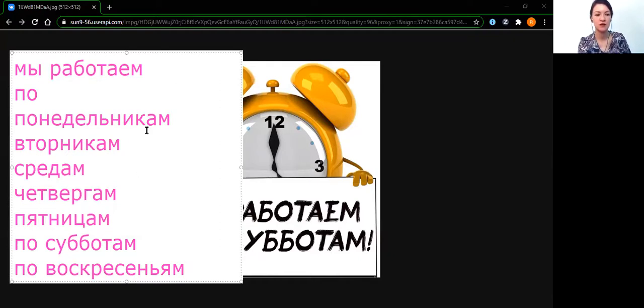По понедельникам, по вторникам, по средам, по четвергам, по пятницам, по субботам, по воскресеньям.